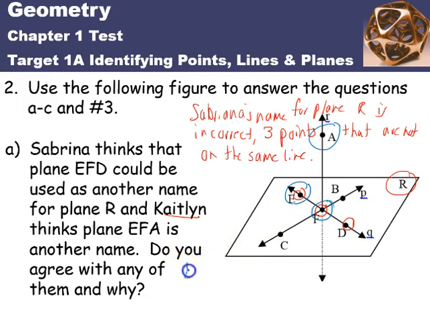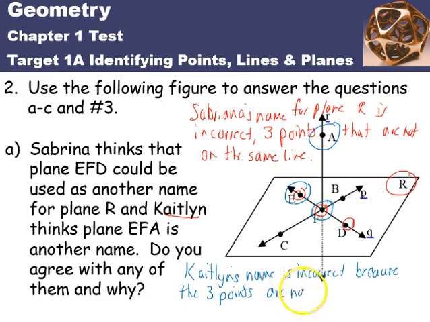So Caitlin's name is incorrect because the 3 points are not on the plane. Only 2 of them are.